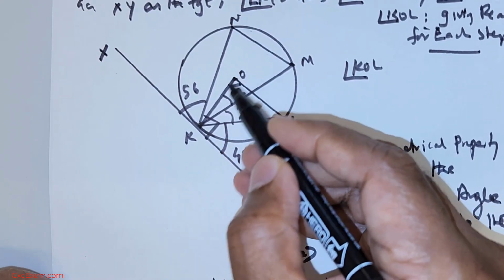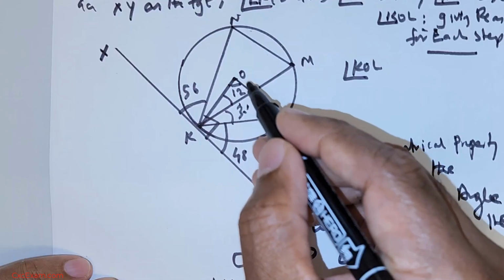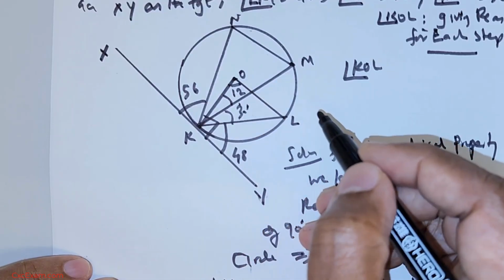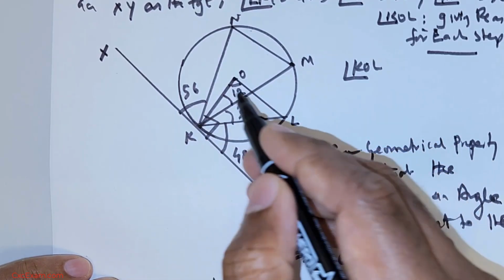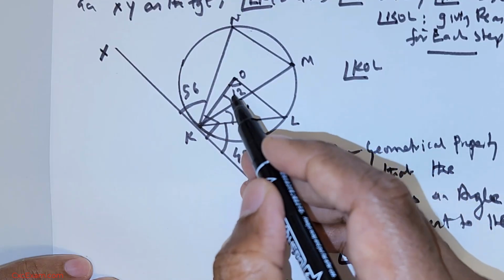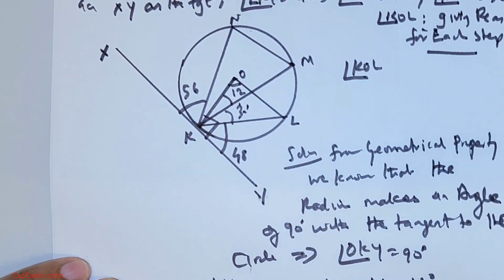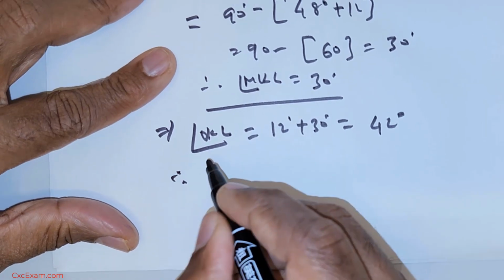Now you see here, OK is a radius and OL is a radius, right? So that means OKL is an isosceles triangle created by OK and OL. Okay, I'm exactly going to write that.